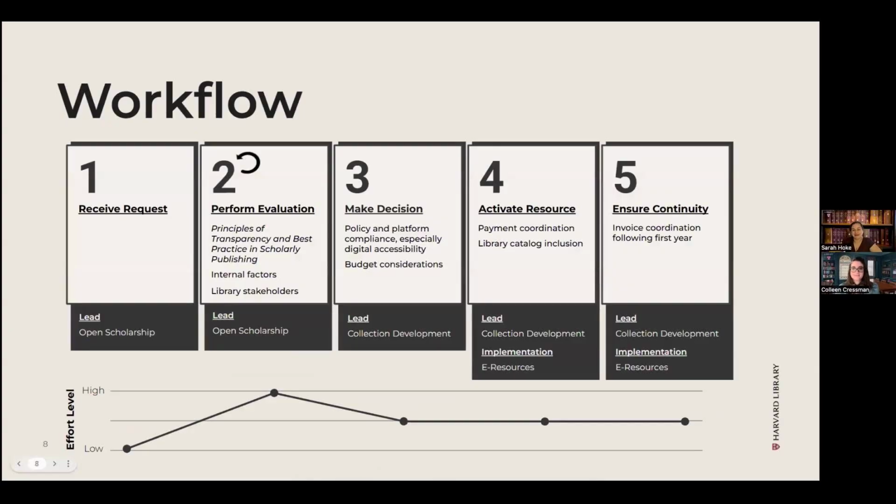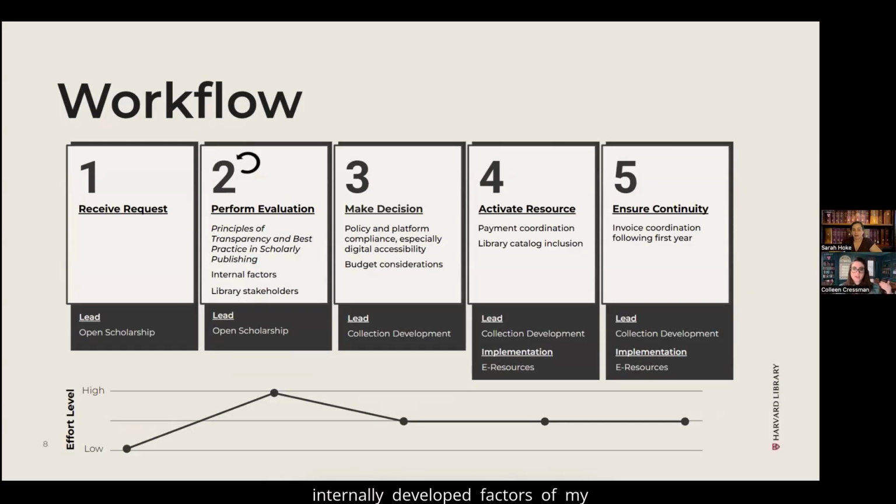Colleen? After receiving a request from a candidate journal, I conduct a preliminary check just to make sure it's minimally appropriate for the program. Moving on to the evaluation next, this stage can involve meetings with the editor-in-chief or other library stakeholders, like my colleague Sarah, in addition to back and forth correspondence with the journal and my scouring the journal's public documentation.